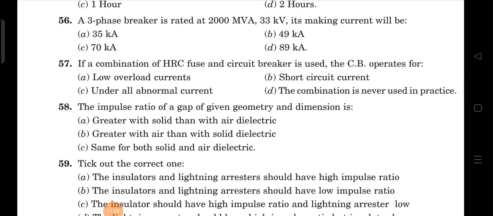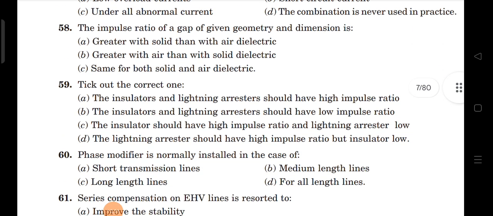58th question. The impulse ratio of a gap of given geometry and dimension is, okay, greater with solid than with air dielectric. That means the first option is correct. This is also a direct question. Next, 59th question.